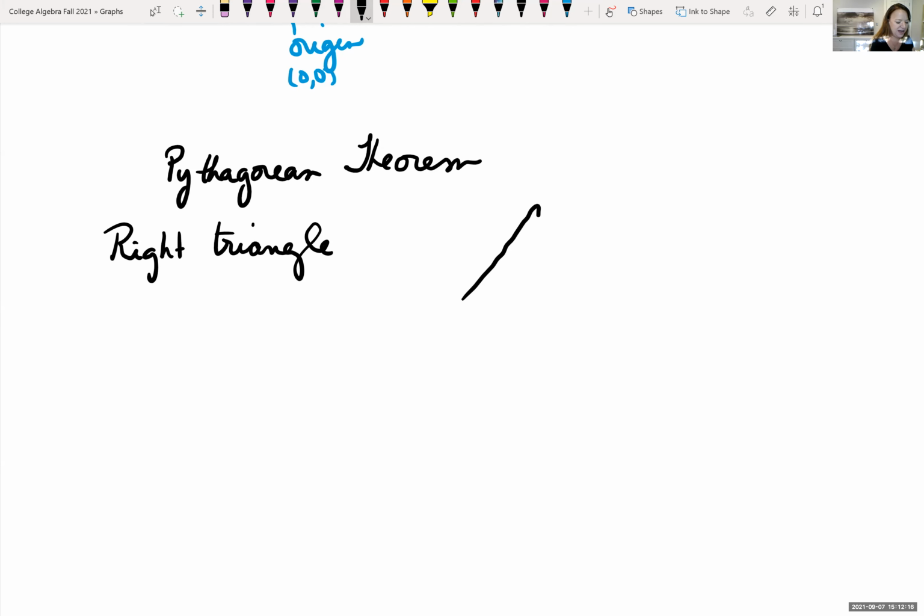Let's do a little bit of terminology for right triangles. The right angle is denoted by this little box in here. The legs are the sides of the triangle that are not the hypotenuse. The hypotenuse is always the side directly across from the right angle. This is our hypotenuse, and these would be our legs.